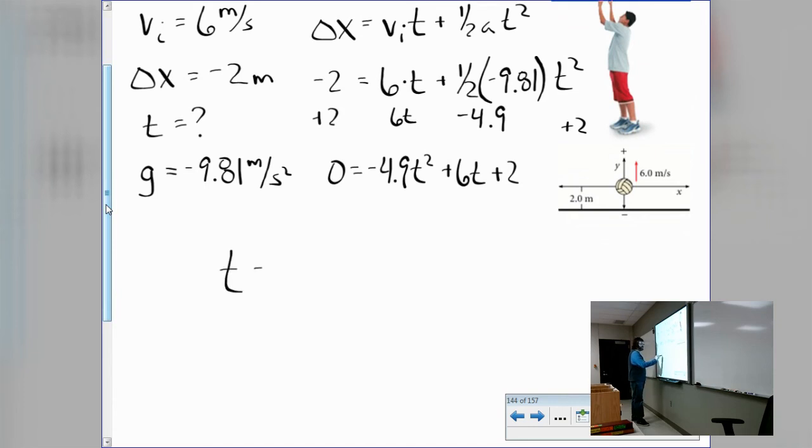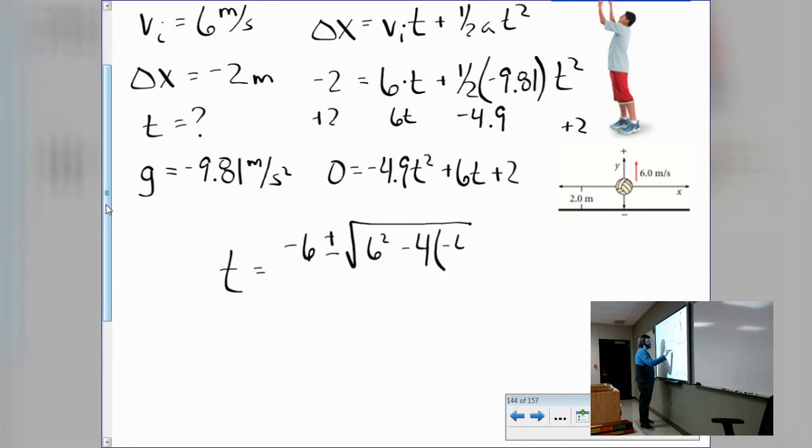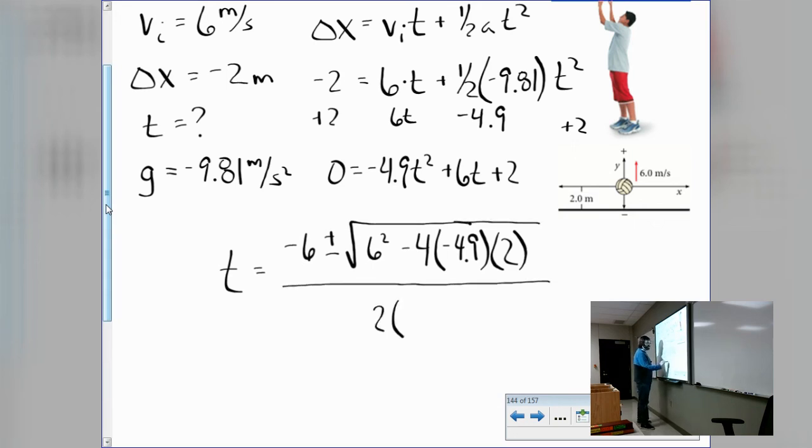T, my variable, time, equals negative 6 plus or minus the square root of b squared, so 6 squared, minus 4ac, so a is negative 4.9, c is 2, all divided by 2a, 2 times negative 4.9. Let's combine some of these terms.